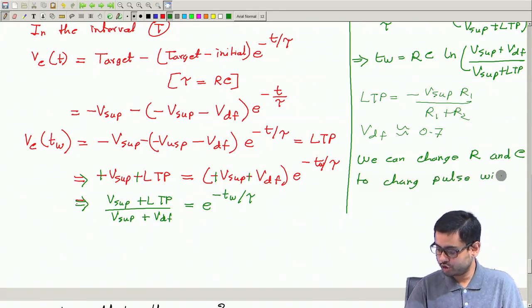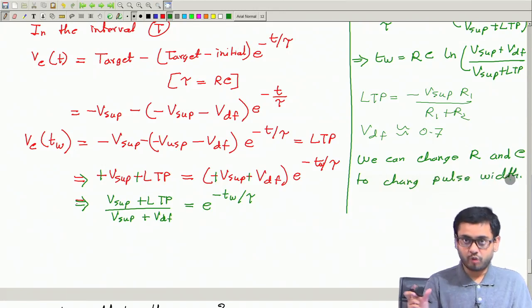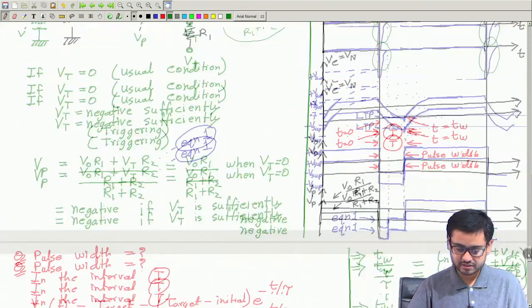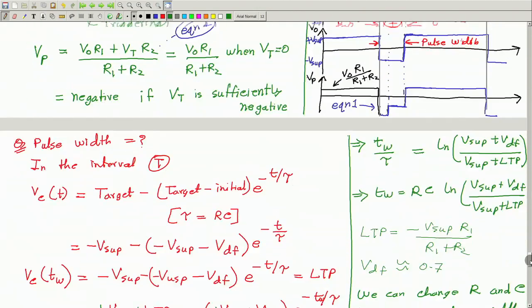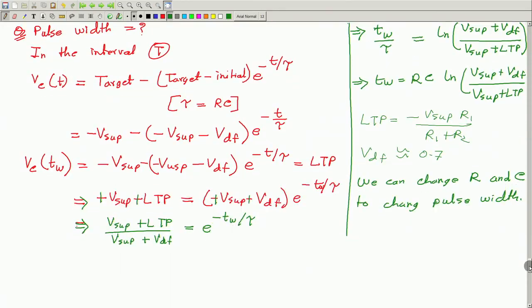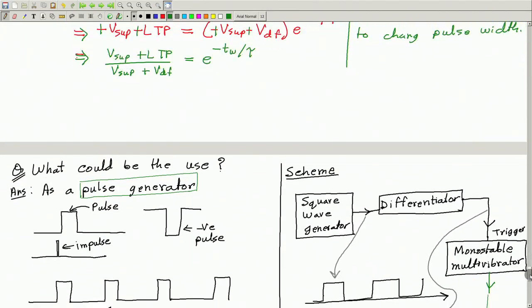If we want to control the pulse width, make it small or large, we can change the capacitance. You can make this variable, and then that will give you a variable pulse width generator.